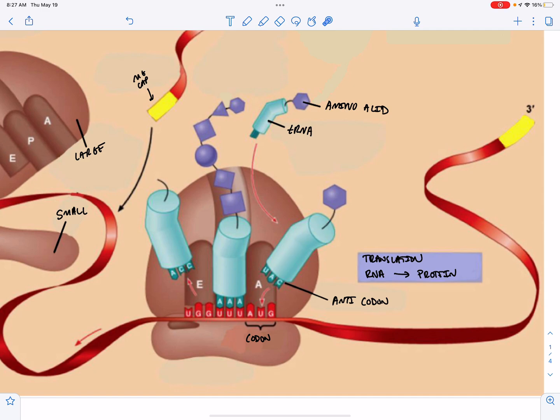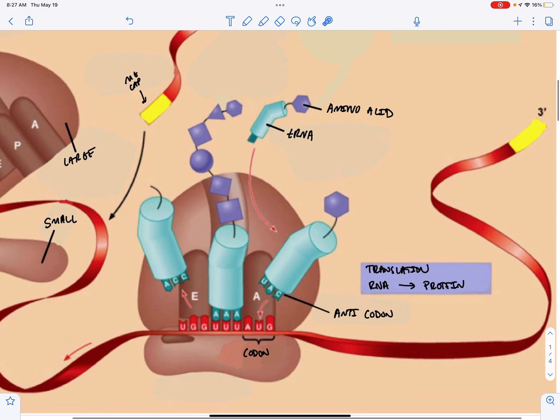Okay, so the anticodon and the codon are going to bind together. And then this tRNA is going to be directly next to this tRNA, which is holding a polypeptide chain.